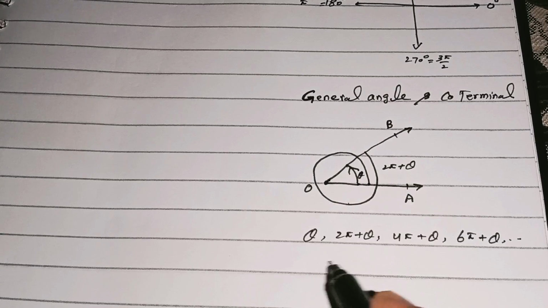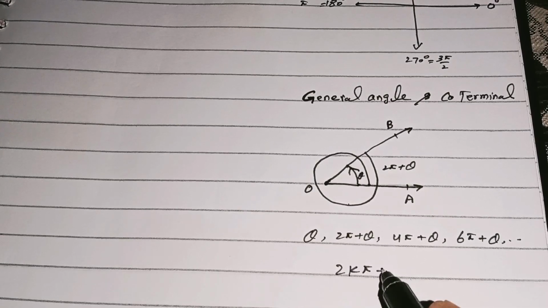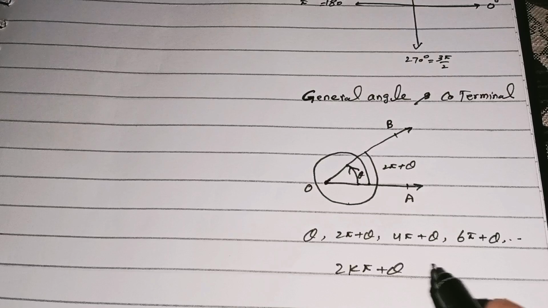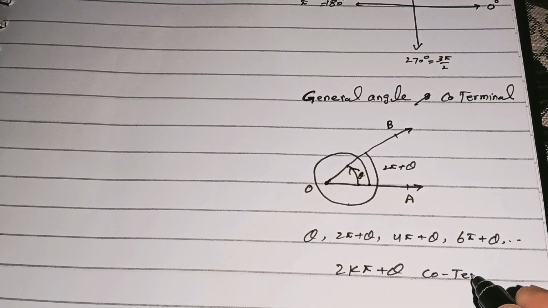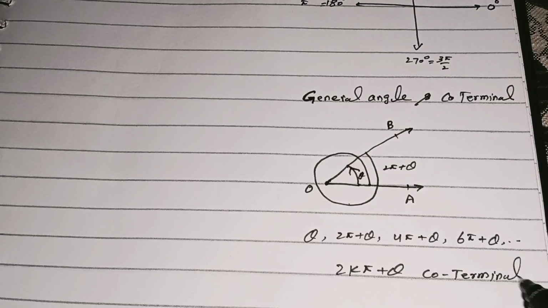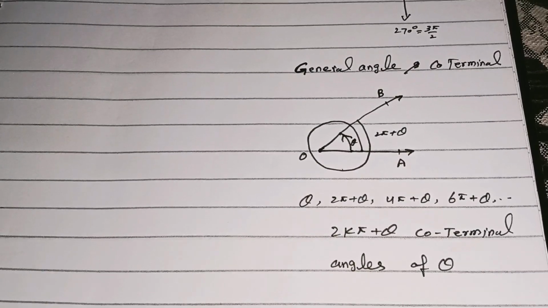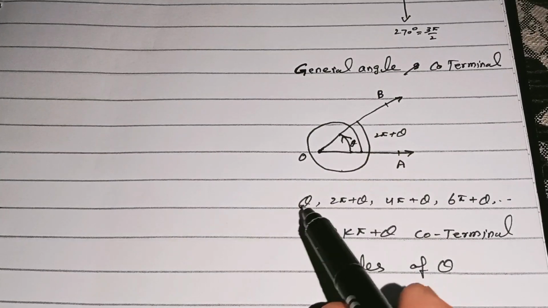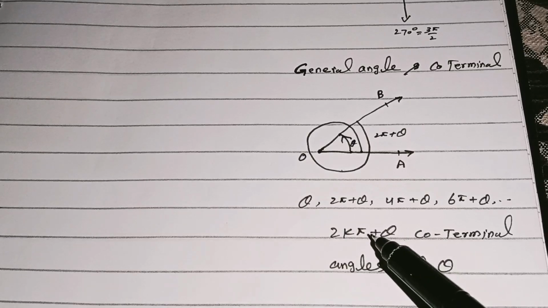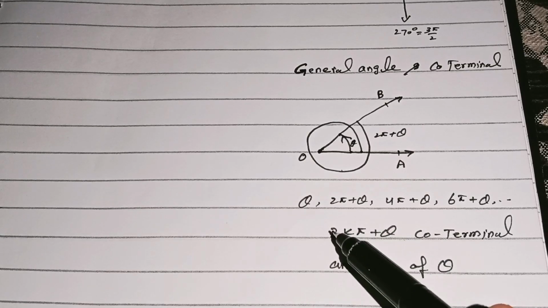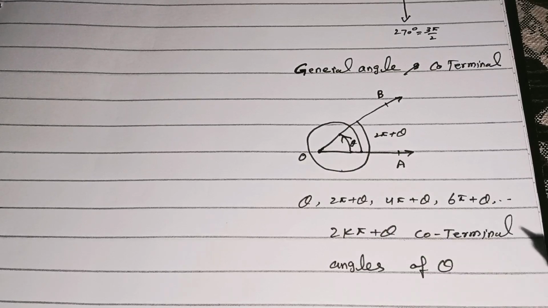In general, we can write 2k pi plus theta is a coterminal angle of theta. It means the trigonometric functions at coterminal angles have the same value. We remember all trigonometric functions at coterminal angles have the same value.